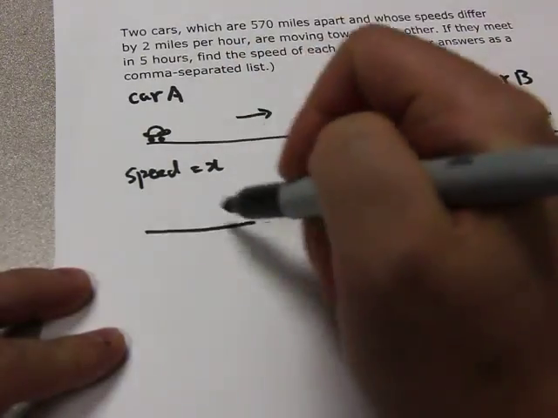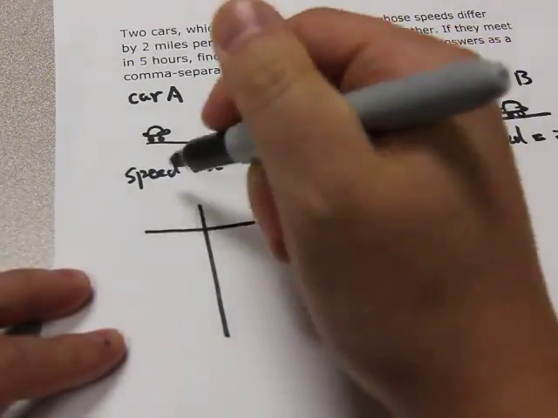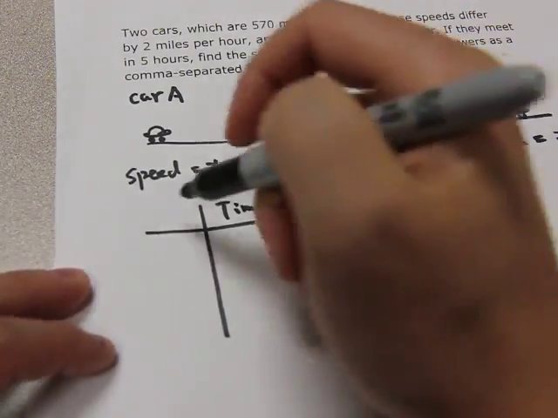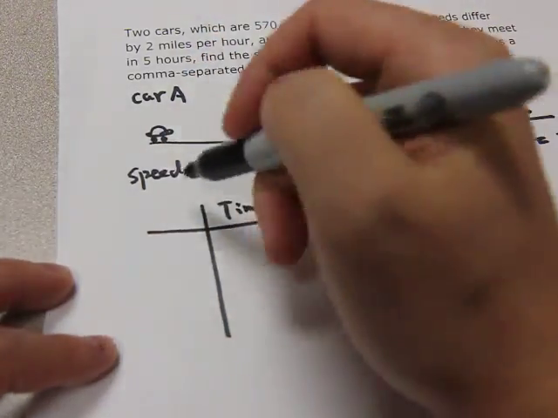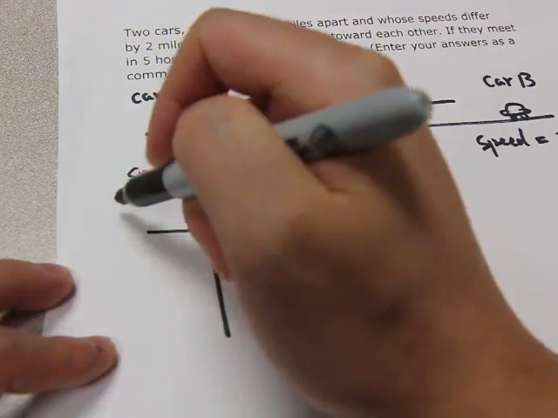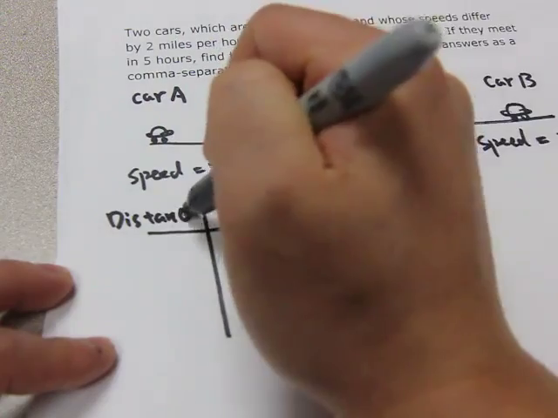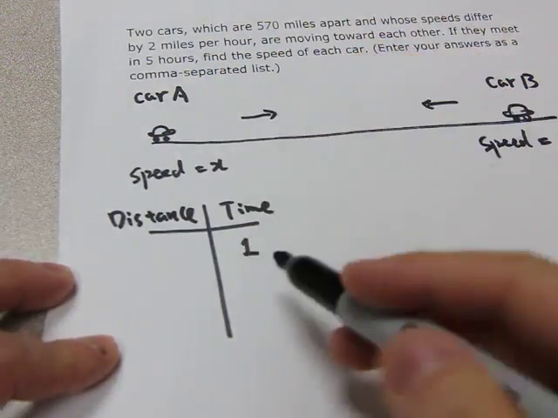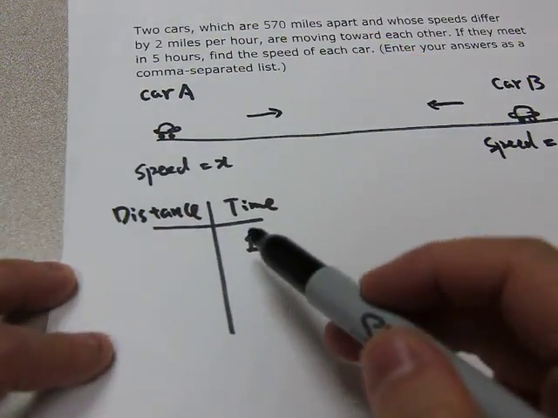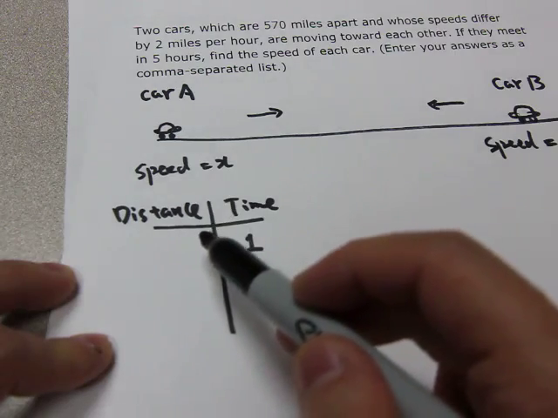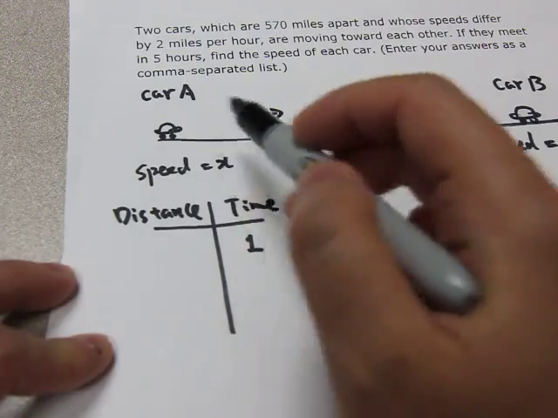So let's see, this is the time, and this is how much each car traveled, the distance. So after 1 hour, how many miles will car A travel?